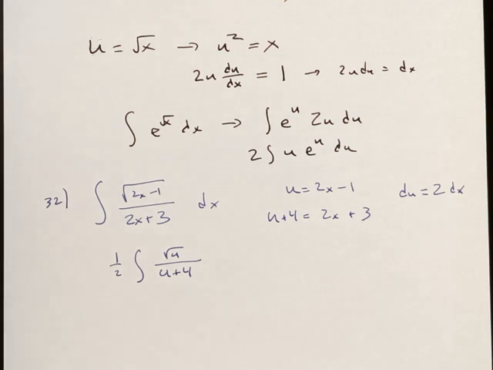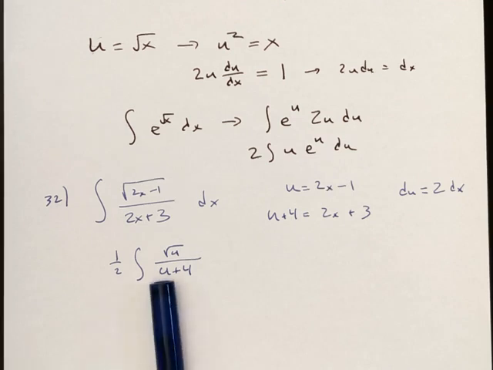Wait, just a second here. I see a pattern in my head that we're really close to. It would be nicer if on the bottom here, instead of having u, I had u squared plus 4. The table on page 503 had x squared plus a squared on the bottom, or u squared plus a squared.